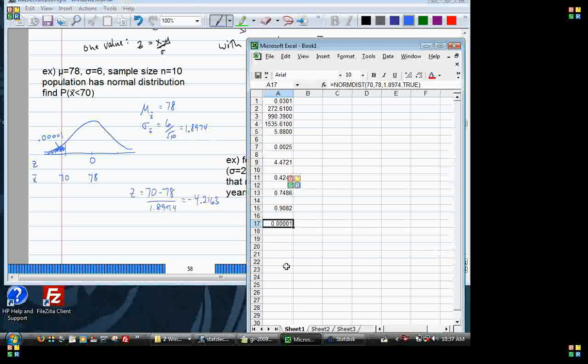Okay? So now we can just do equals norm s dist of negative 4.2163. And that gives this. But if you push it out one more decimal place, so it's 0.00001.